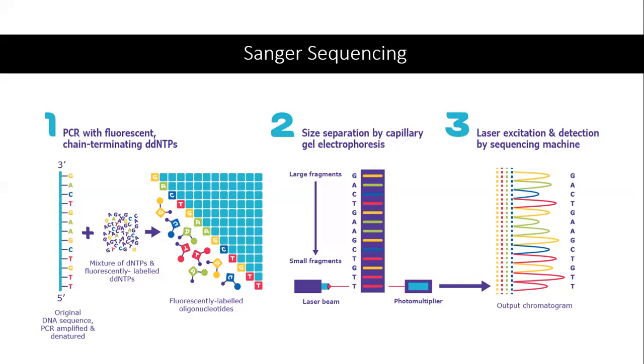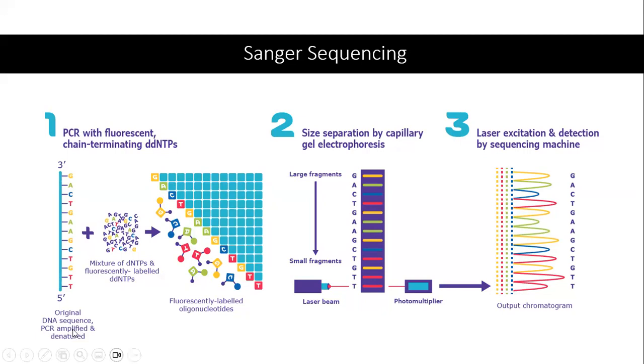But if you use a ddNTP, when it's added to the strand, it stops there. It can't continue because it's lacking the necessary molecule for the chain to continue growing. So that's why it's called chain ending, chain terminating.